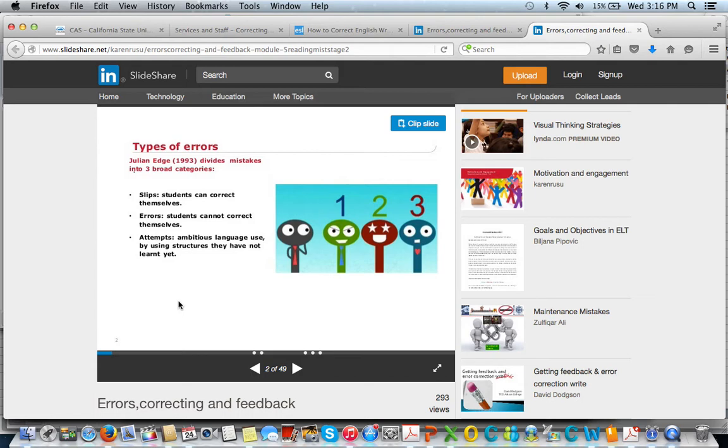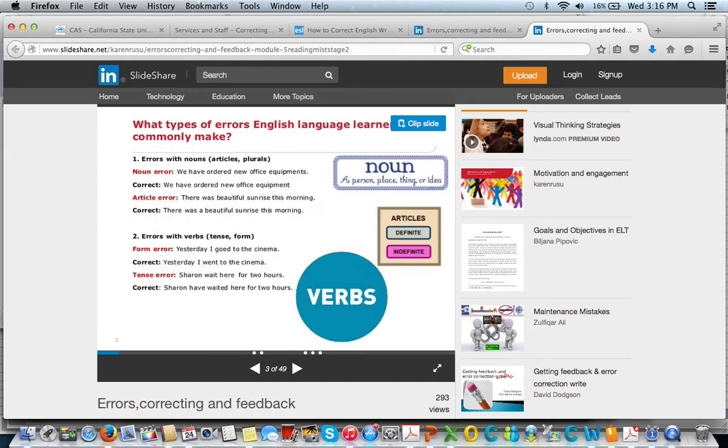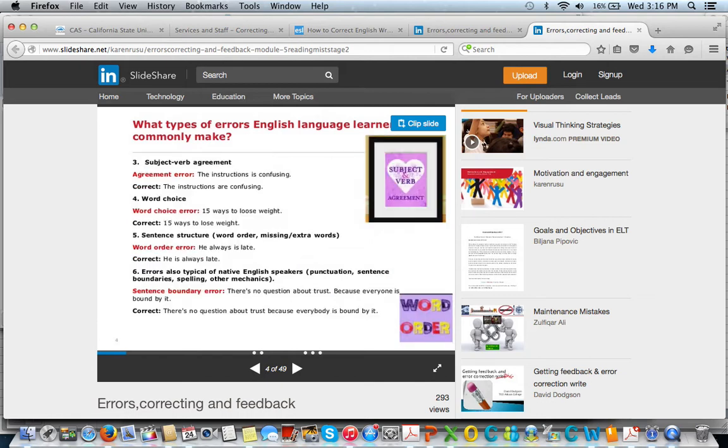So it's not just practice that makes sense, but trial and error and getting feedback on the practice that one is engaging in. Some typical errors that language learners make are noun errors like articles and plurals. We all know those. Errors with verbs, verb tense, and verb form. Errors with subject-verb agreement.